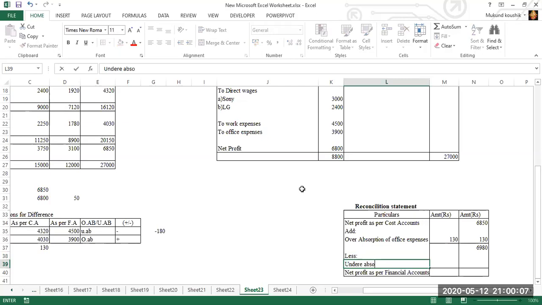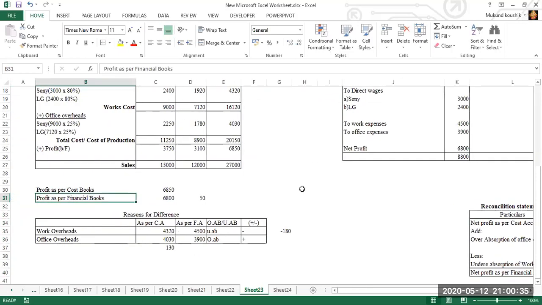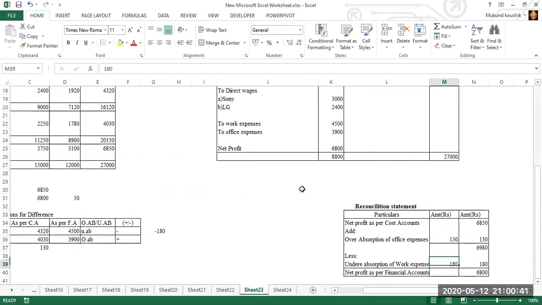Under absorption of work expenses. How much is the difference? 180. In the outer column also, since there is one item, it will be 180. So how much will be net profit as per financial accounts? 6,980 minus 180, which is 6,800. So that is what we have here. Profit as per financial books is 6,800. So as per the reconciliation statement also, net profit as per financial accounts, we got the same 6,800.